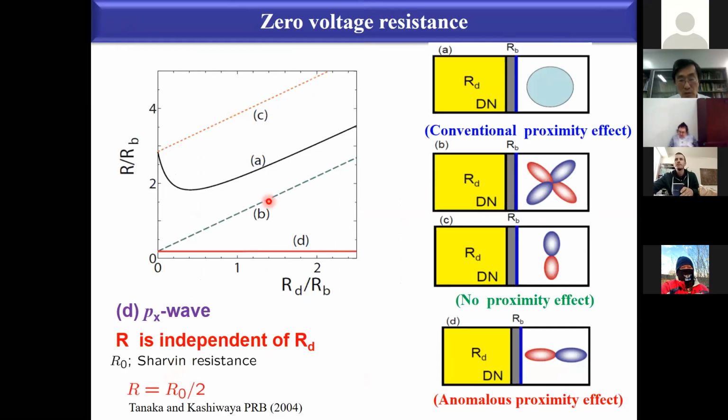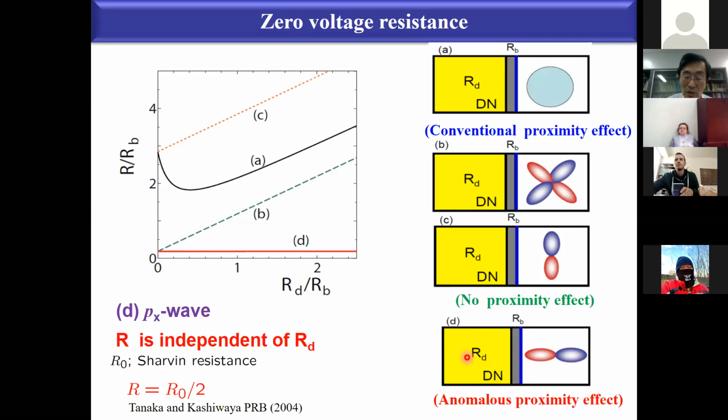If we consider, for example, zero voltage resistance, a very interesting thing occurs. Actually, I clarified this at a time when I did not know Majorana fermions or topology at all, but by calculating the Usadel equation straightforwardly, we obtained that if we consider a px-wave superconductor junction, a very dramatic thing occurs.